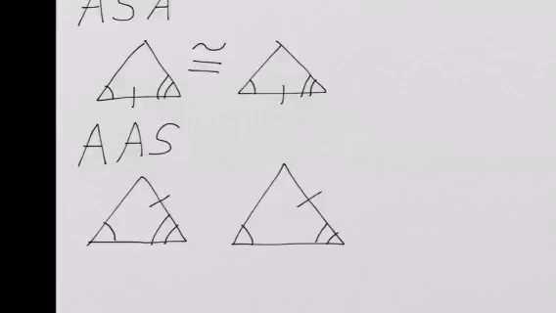But we know from earlier results the angles of a triangle have to add to 180 degrees. So since the lower left and lower right angles are congruent to each other, we know that the angle at the top for both triangles has to be 180 minus the measure of that angle minus the measure of that angle.